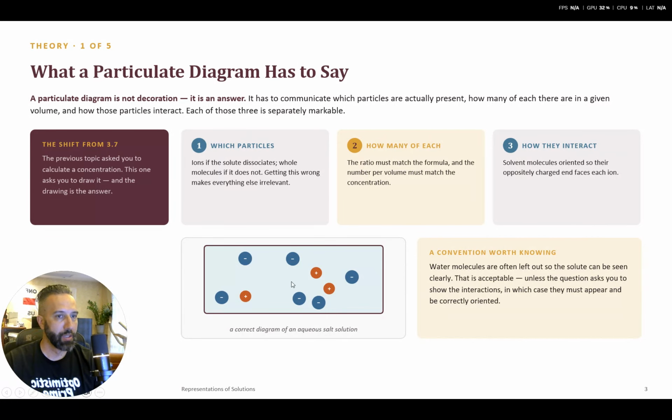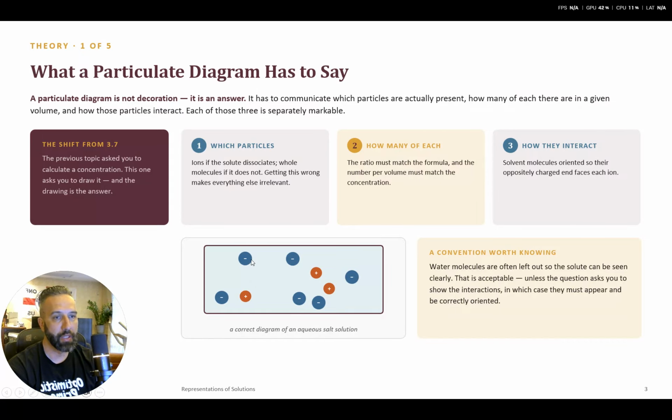You can connect this to concentration, or to the ratio of moles, but it's most correct to say that the number of particles inside this box is connected to the number of moles.